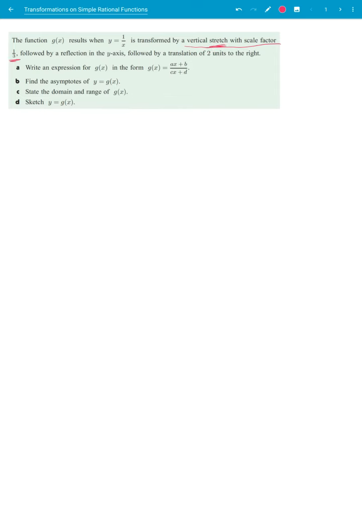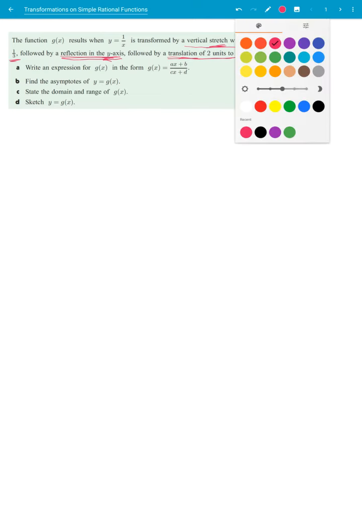That's simply multiplying by 1/3. We're going to reflect it in the x-axis. We're going to reflect it over the y-axis. It says y-axis here, so that means swapping x for negative x. And then we're going to translate it, move it to the right by 2 units. So let's do this piece by piece. We've got 3 things we need to do to 1 over x.